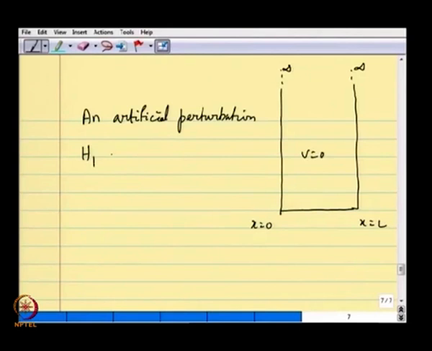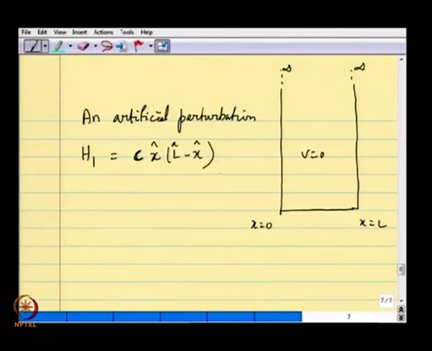H1 is a potential of this form: c, some constant, times x into L minus x. Please remember, when we write the Hamiltonian, all the quantities that we have are operators. x is an operator. Well, L is actually a number, but L is multiplied by the identity operator. So I guess it is correct to put that L minus x.